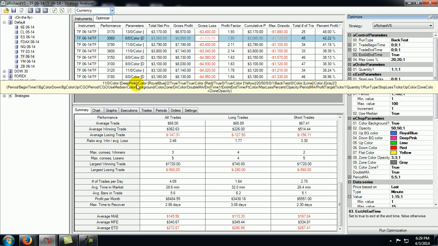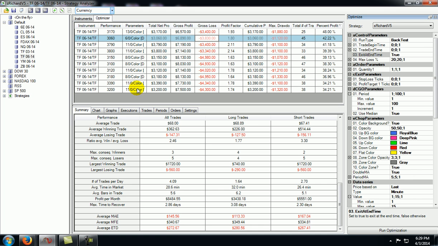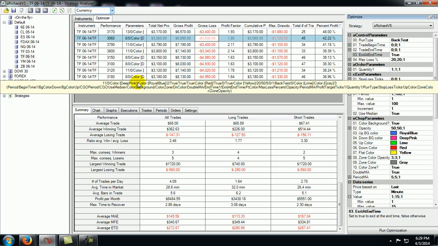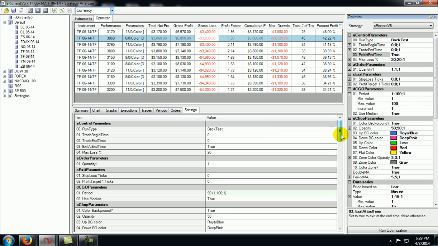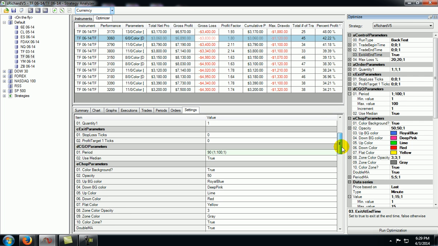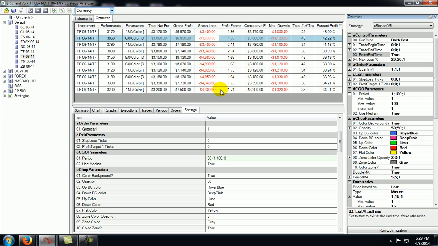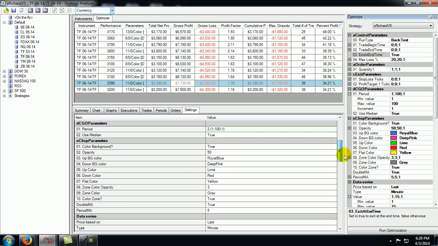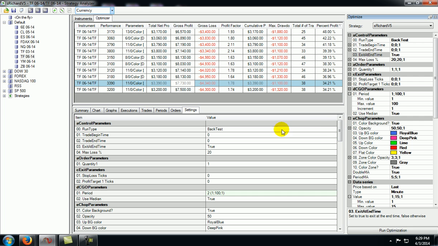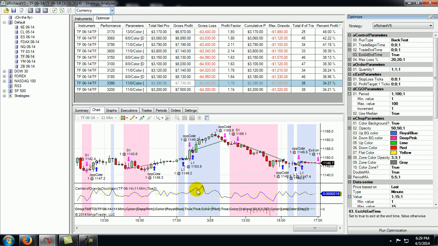And I can generally tell by looking at the time frame and the cycle of the CGO. Like this here, I don't know if you can see this, but it's saying that that's 2. And I can tell you, if we click on this, yeah, it says it's 2 and an 11-minute time frame. If we were to look at that on a chart, see, this thing is going to be so choppy.